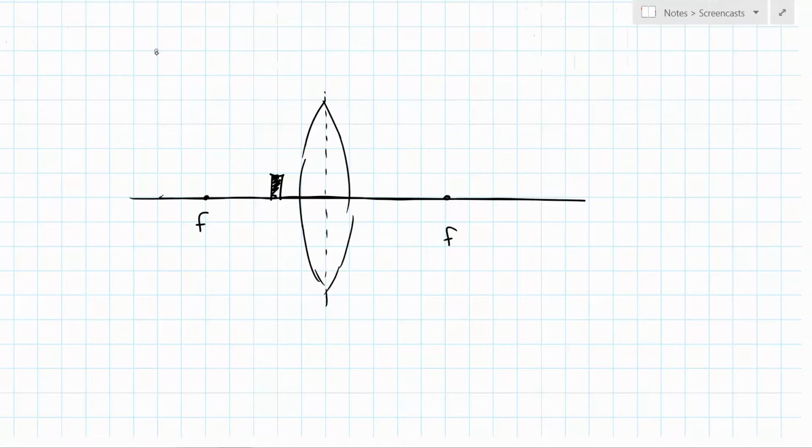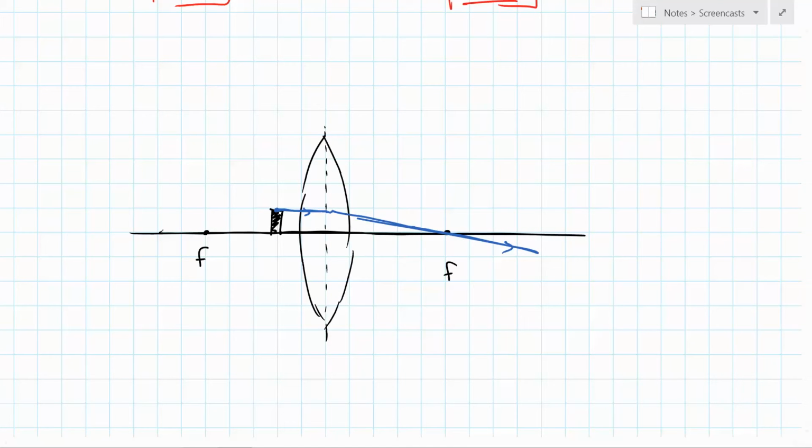Now we're going to draw our 2 rays to locate this object. The first ray goes in parallel, then out through F, just like when we were doing spherical mirrors. The second ray goes in from F, the F on the other side of the lens that we're worried about, either from F or through F, and then out parallel.